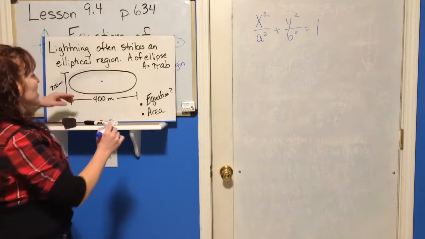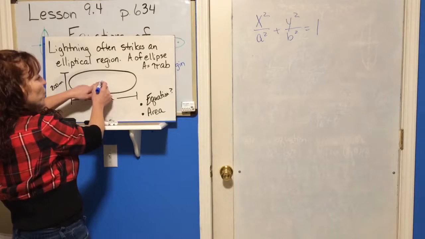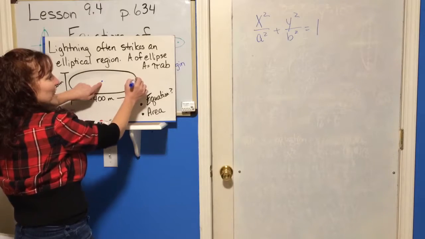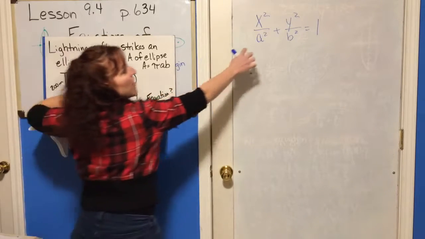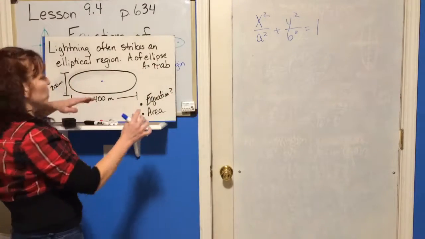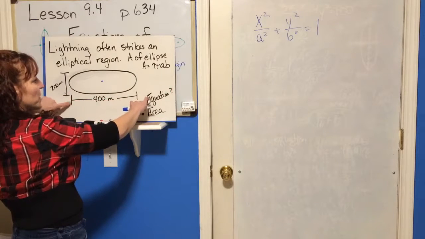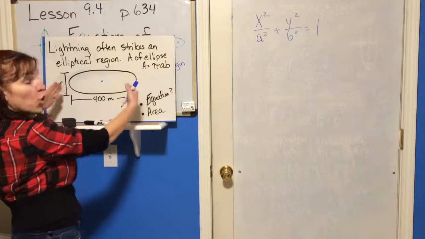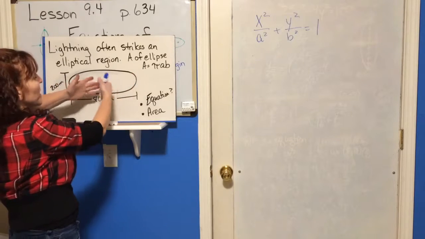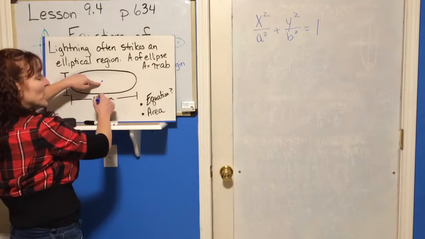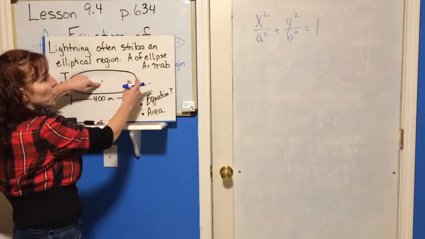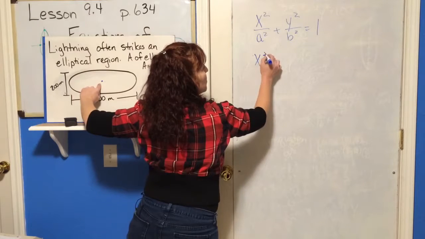If the origin is here, then the distance from the center to the edge of the ellipse is that amount of this a. Okay? So it's not the full 400. This is just going to be half of that. If the 400 is all the way across this ellipse, then from the center out is only half of this. So this a squared is going to be 200 squared.